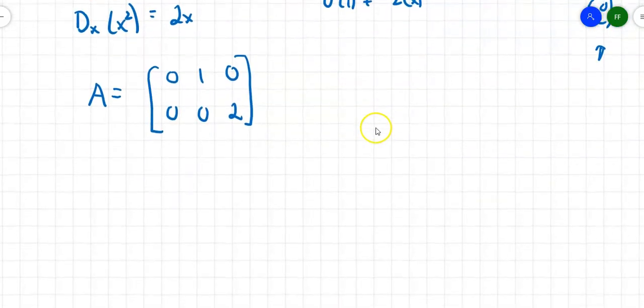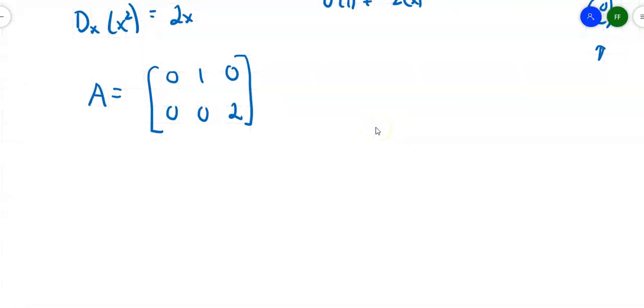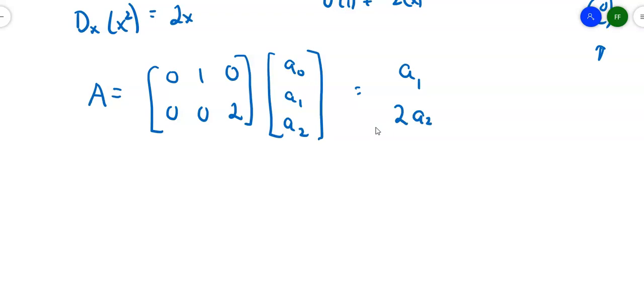Now, let's multiply that by the 3 coefficients. So let's take that matrix times a sub 0, a sub 1, a sub 2. What do I get? I get 0 plus a sub 1 plus 0, and then I get 0 plus 0 plus 2 a sub 2. What is this? This is a new polynomial.